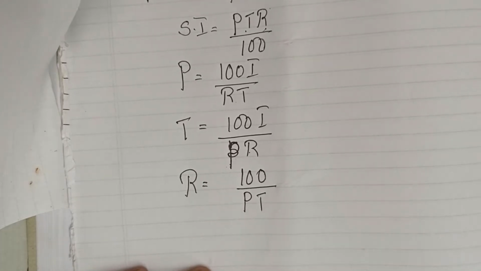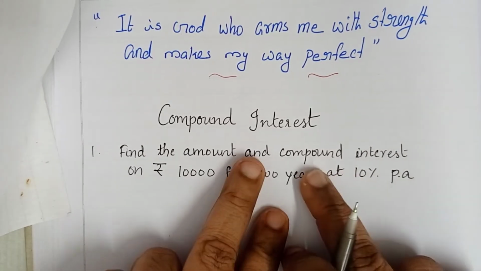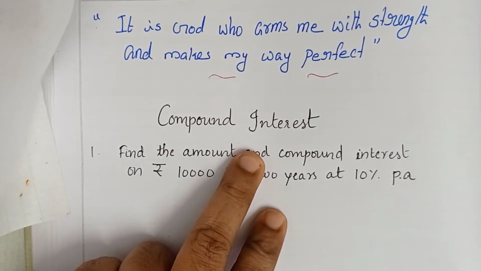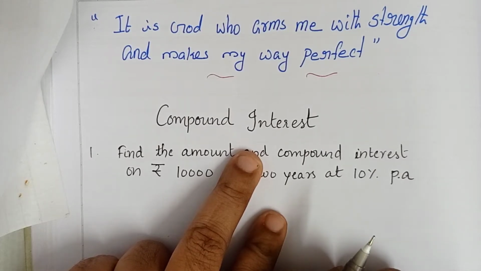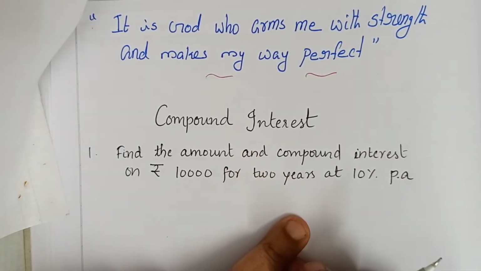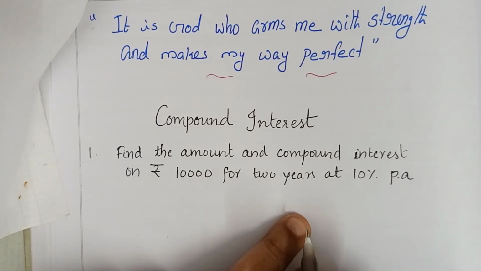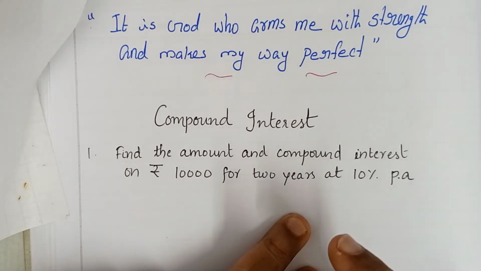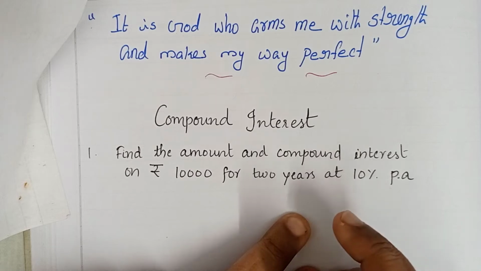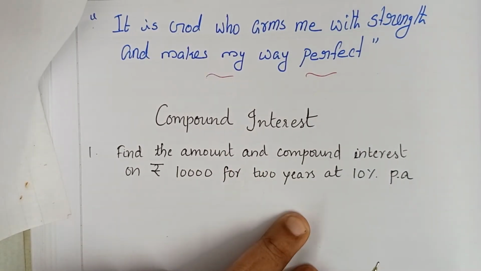Okay, here the chapter heading is, what's the chapter heading? Yes, compound interest. Can you say what is compound interest? Money is said to be lent at compound interest when the interest which has become due at the end of a certain period, 1 year, half year or more than that, is not paid to the money lender but is added to the sum lent.